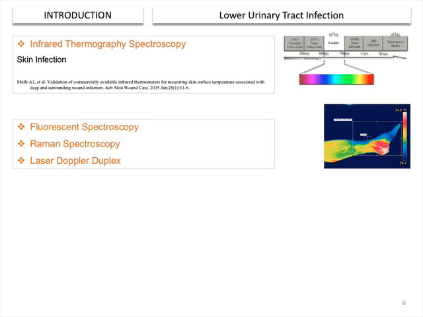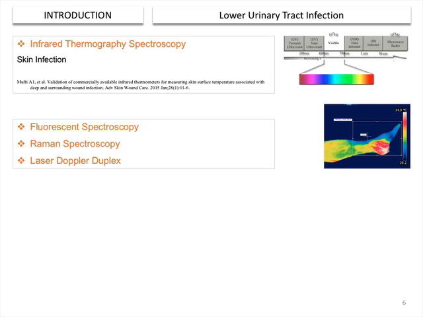There are other methods like fluorescence spectroscopy, where we can follow perfusion by looking at some dyes, but still we can't use it transcutaneously from the surface of the skin. Raman spectroscopy is another very good, very fast method, but this still works only for the superficial layer.